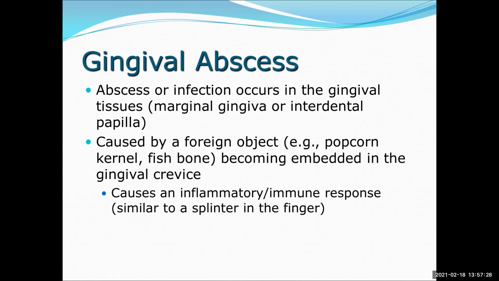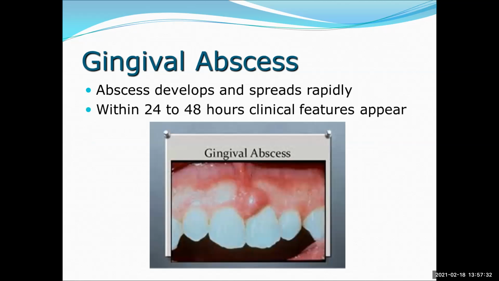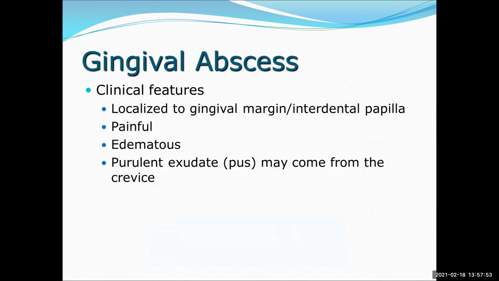The immune response is then triggered, and it sets a whole set of motions into motion. So abscesses develop and spread rapidly for a gingival abscess, usually within 24 to 48 hours. You're going to see and feel a gingival abscess, rapid in occurrence, at the gingival margin, gingival crest.